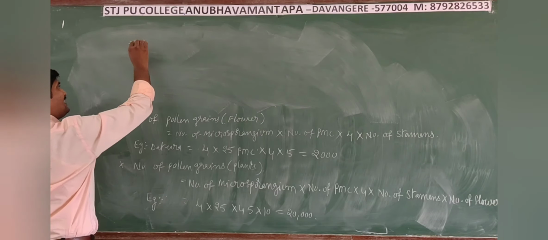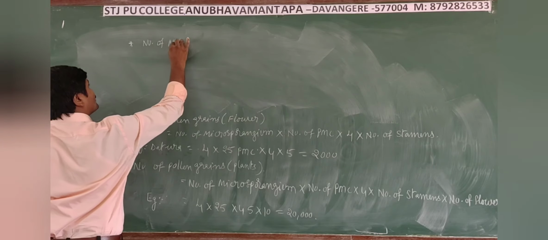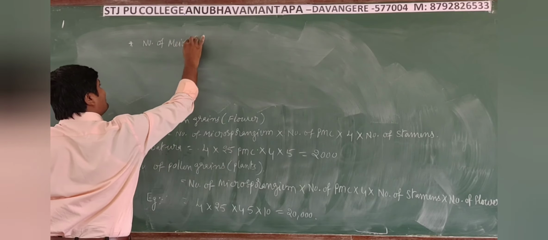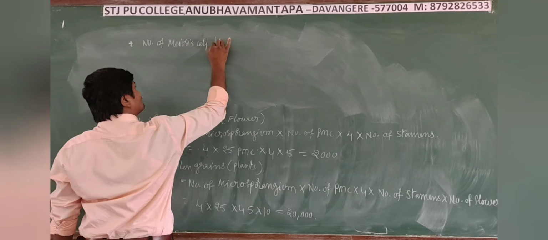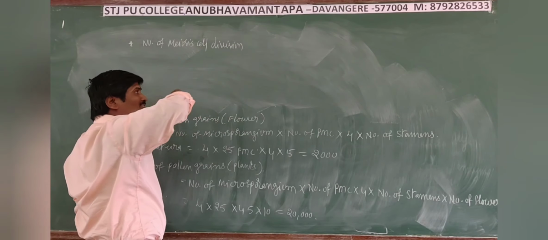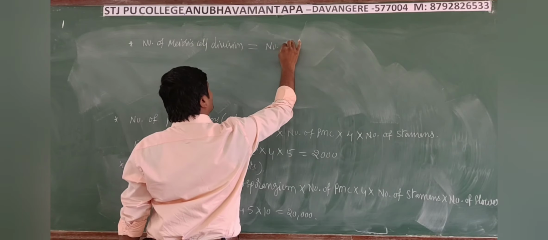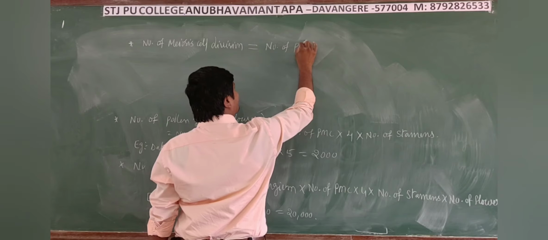One more important point is that the number of meiotic cell divisions is equivalent to the number of pollen mother cells.